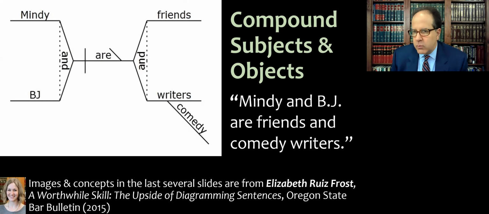Suppose we had one more word and we said Mindy and BJ are friends and terrible comedy writers. Then reasonable minds could differ about whether that sentence means that BJ and Mindy are friends and they write terrible comedies, or that they're friends and they are terrible at writing comedies, right?